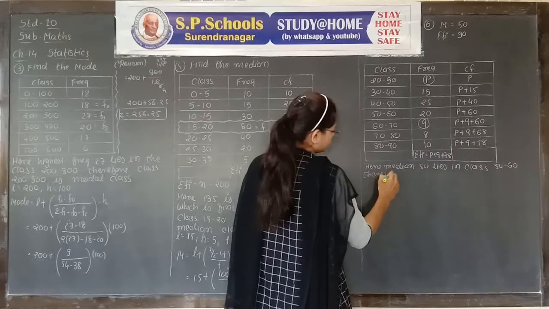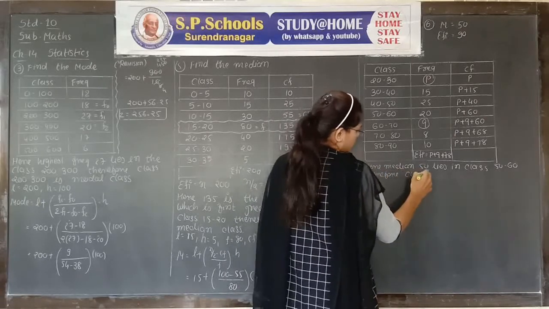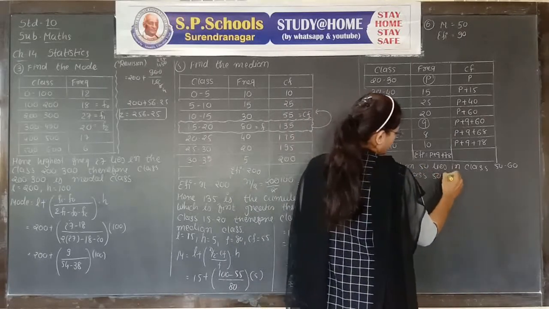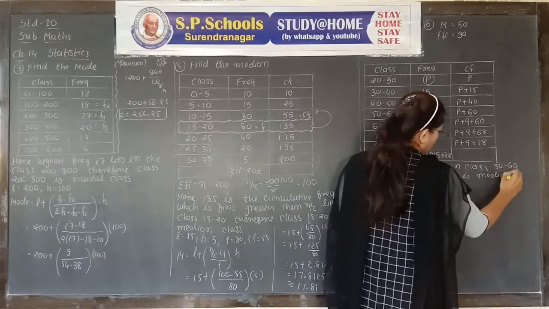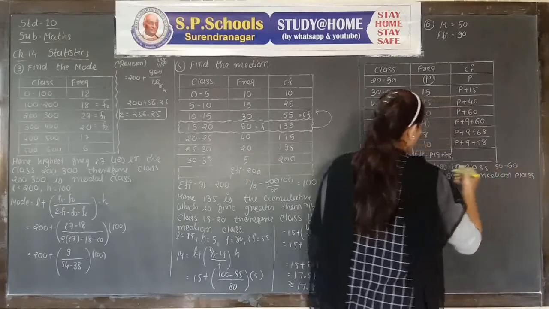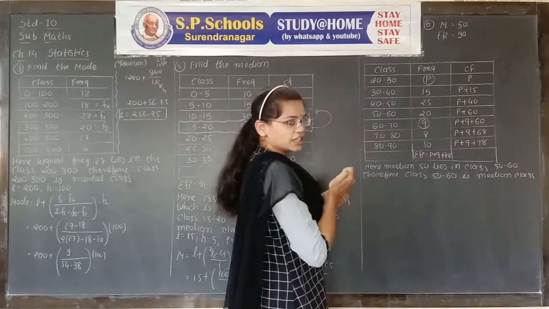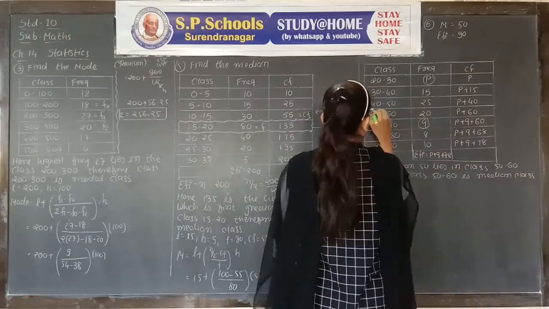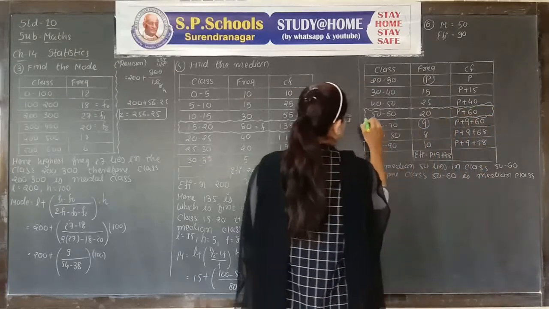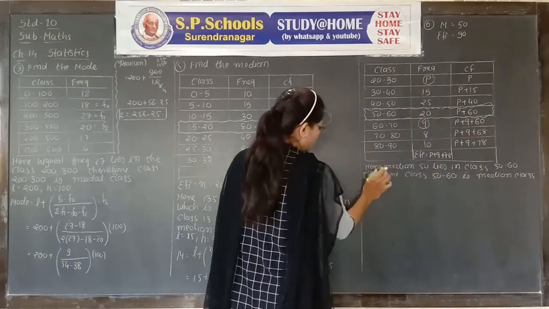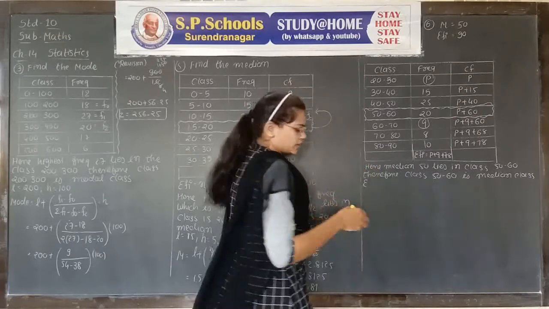Therefore, class 50 to 60 is the median class. Here the class 50 to 60 is our median class. Lower limit L, let's discuss later.